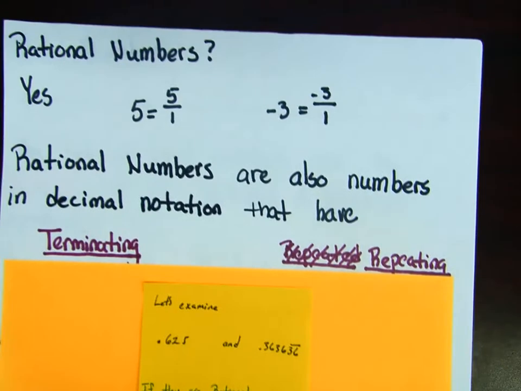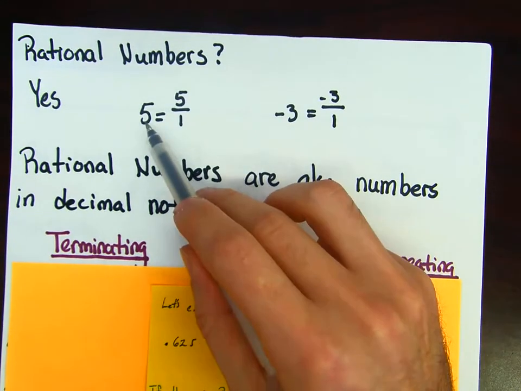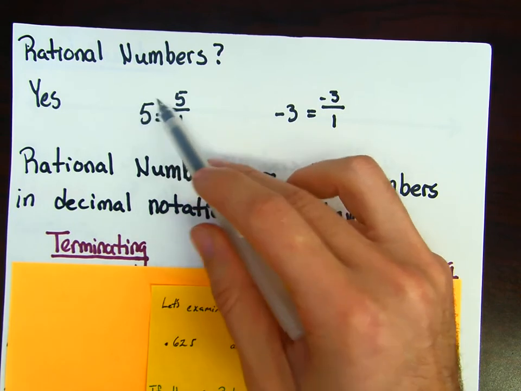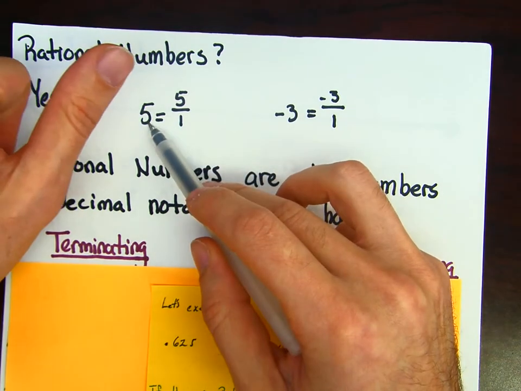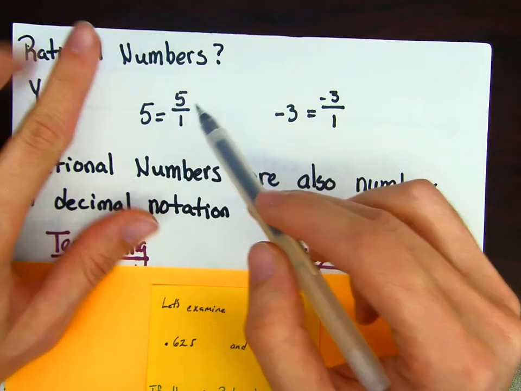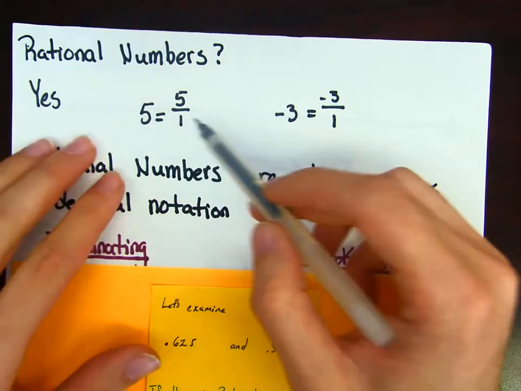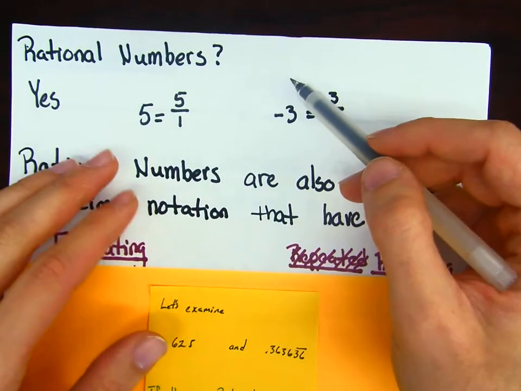The answer is yes, you can, because I could just say 5 is 5 over 1, and notice I have integer over integer. So notice that this number 5 is a natural number, it's a whole number, it's an integer, and it's a rational number. So you'll notice that there are some numbers that are inside multiple sets.